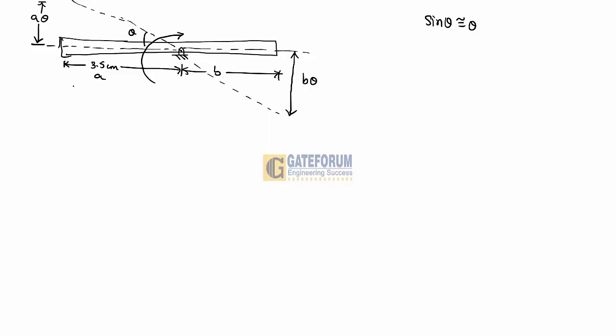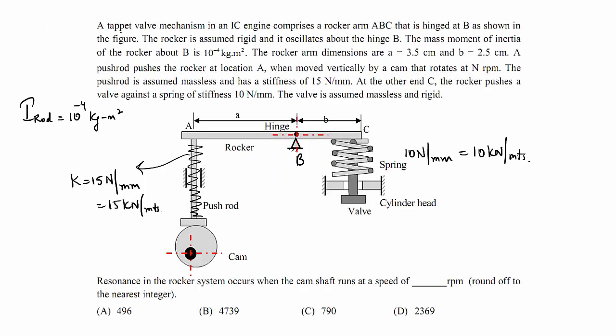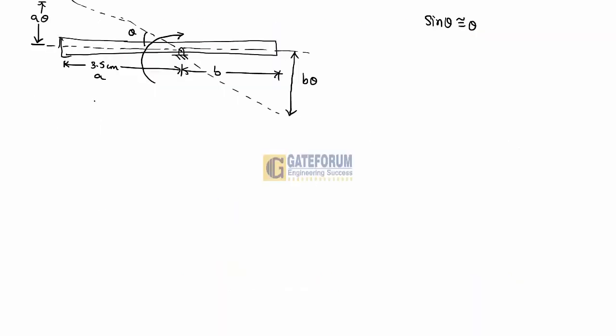The spring here will experience tension if the rod is rotated in the clockwise sense. So this will be the spring force, let us write this as Fs1.